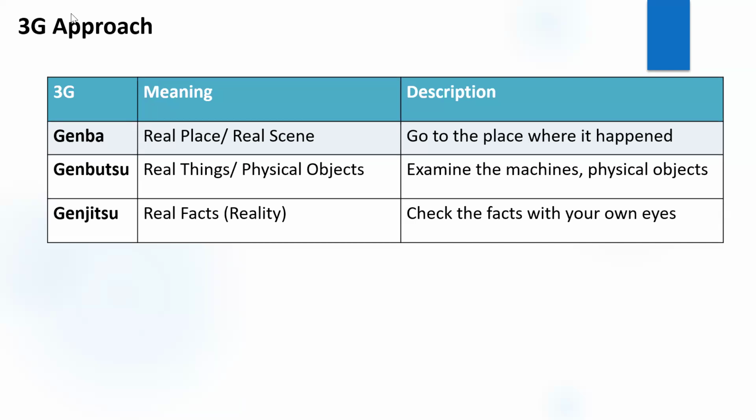Very good. So 3G is clear in all respects. 3G clear. Uno circle clear. Same 3G concept, but normally they use the terminology Uno circle. Clear? Okay. Now we will see the next slide.